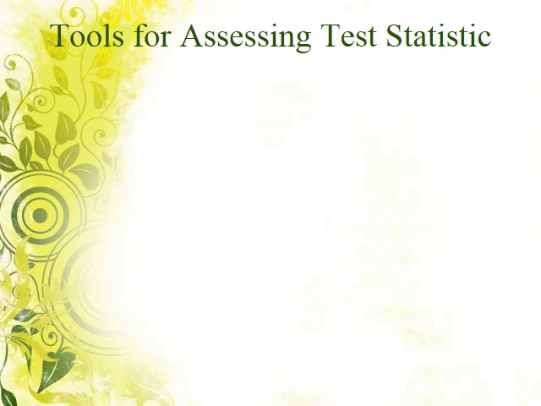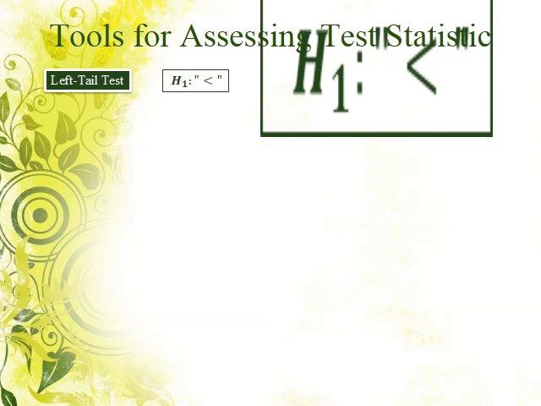The question we now have is, how do we know when we're dealing with two tails or just one tail? And the answer lies in our alternative hypothesis that we came up with earlier. So for a left tail test, we would have this if our alternative hypothesis had a less than symbol in it. In that case, we're dealing with a left tail test.